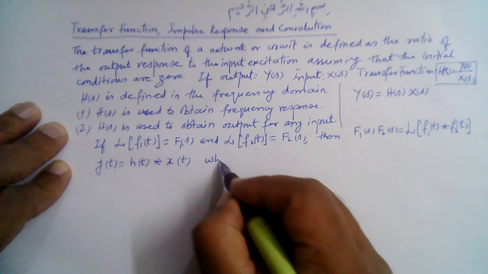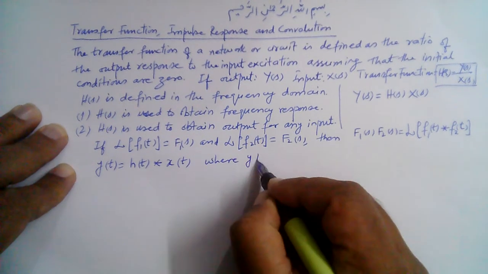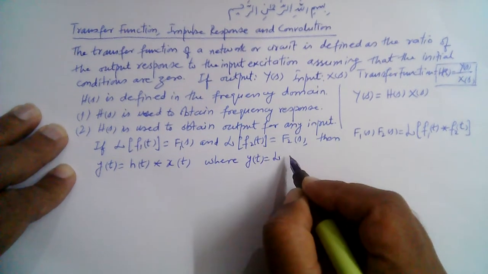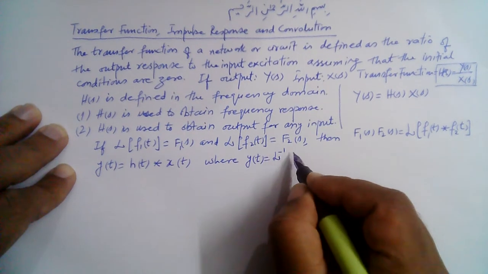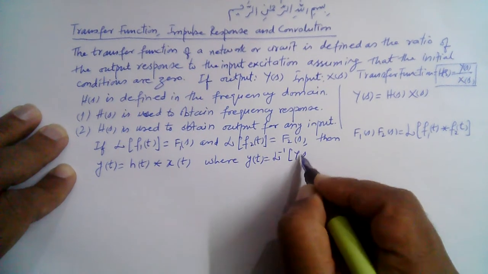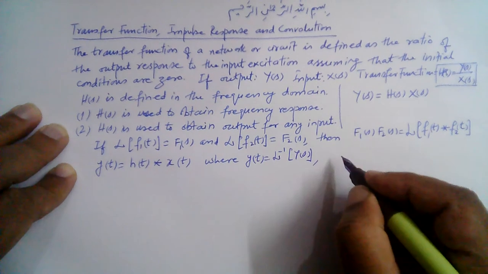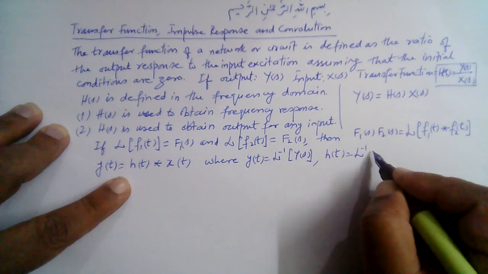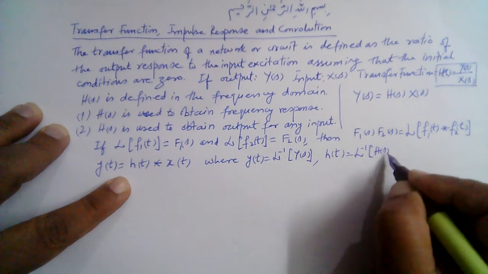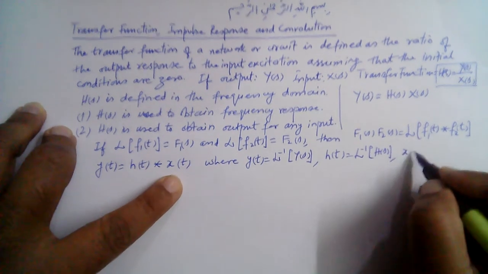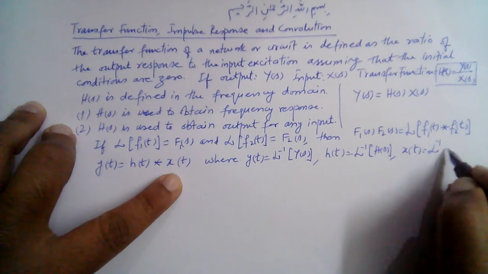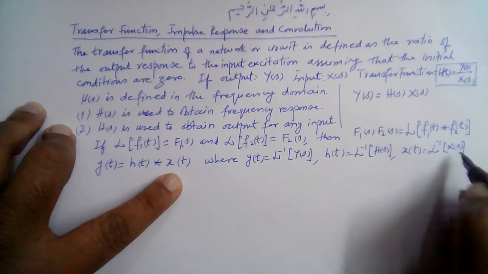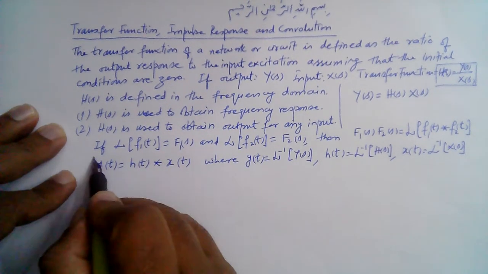Where y of t is the inverse Laplace transform of y of s, and h of t is the inverse Laplace transform of h of s, and x of t is the inverse Laplace transform of x of s, right? So this is an important observation.